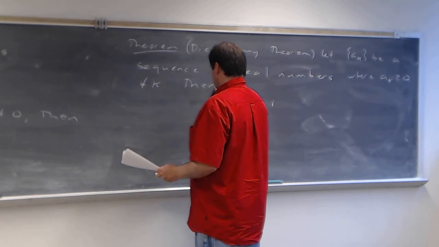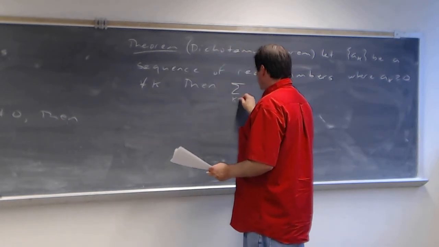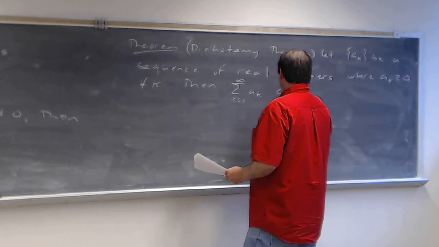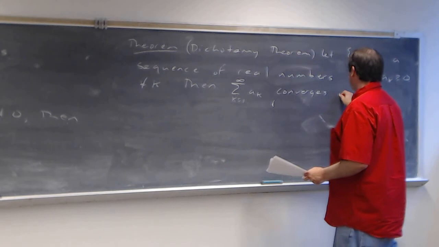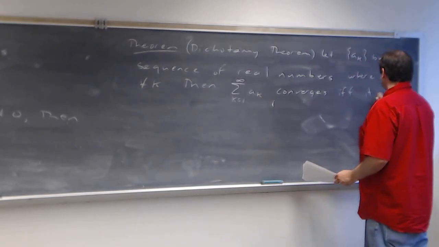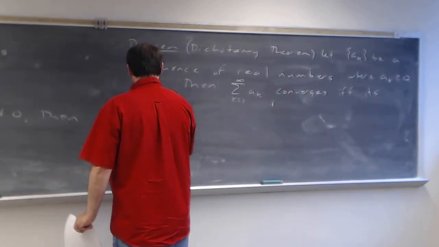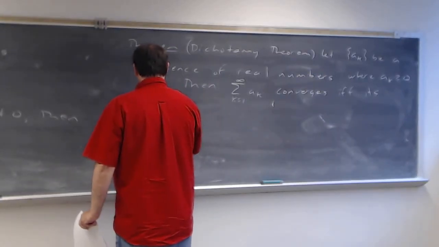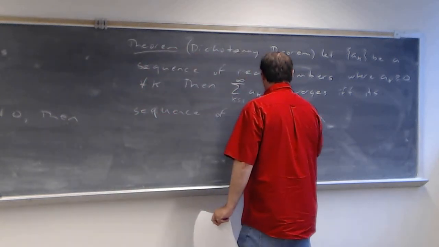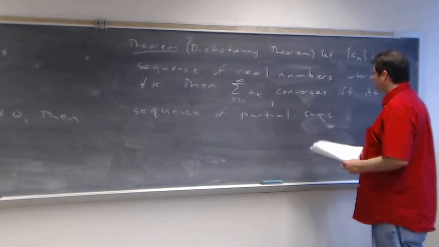Then the sum as k runs from 1 to infinity of a sub k converges if and only if its sequence of partial sums forms a bounded sequence.